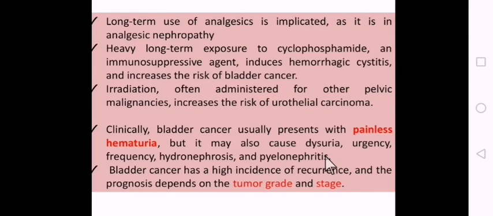Heavy long-term exposure to cyclophosphamide. الcyclophosphamide هو immunosuppressive agent, and this drug can cause hemorrhagic cystitis and may predispose to bladder cancer. النقطة الأخيرة من risk factors for formation of urinary bladder tumor is irradiation. يعني مثلا البيشنت عنده pelvic tumor سواء ovarian, in the uterus, in the prostate, and receives radiotherapy.